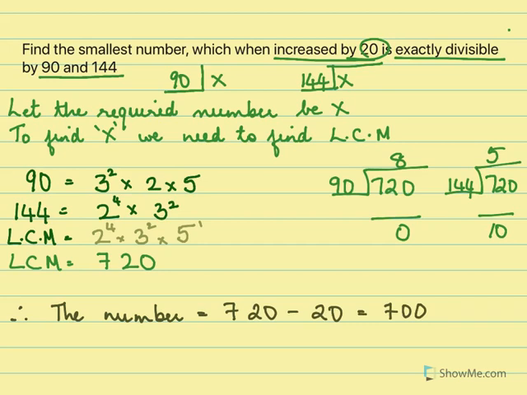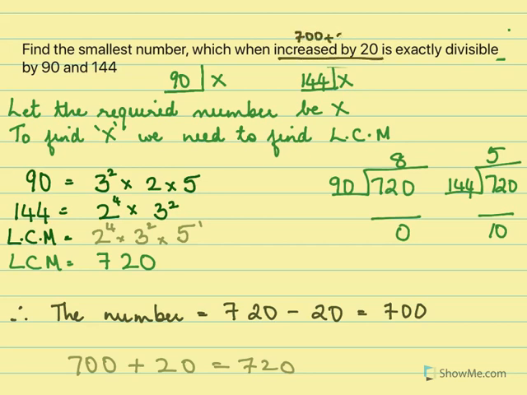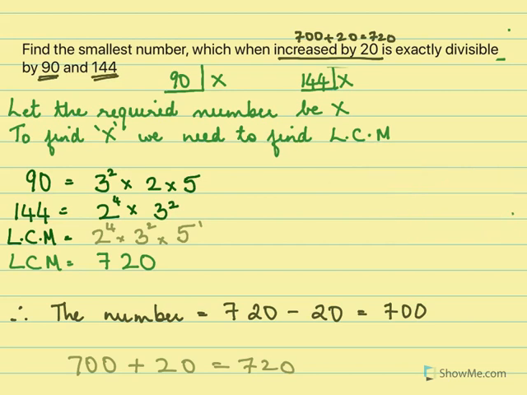Because when you take 700 and increase it by 20, you get 720, and 720 is exactly divisible. That is what they're asking you here. Find the smallest number which when increased by 20. So we take 700, increase it by 20, and we get 720, and this 720 is divisible by 90 and 144.